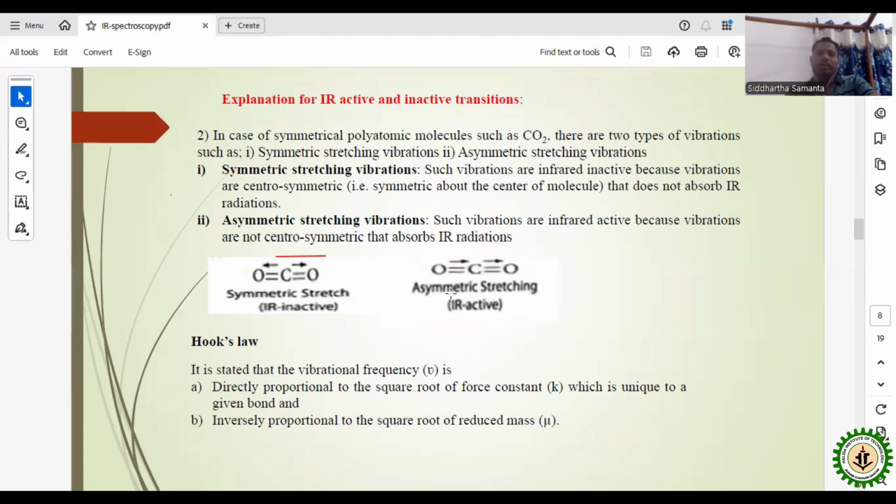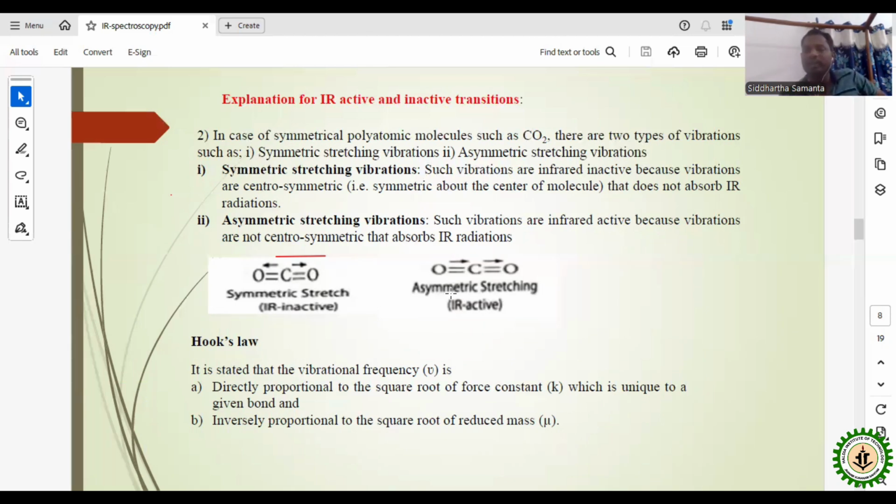Okay. Now in IR spectroscopy, when a molecule absorbs radiation, then it has some vibrational mode. Now, what type of energy is it? What is the range?